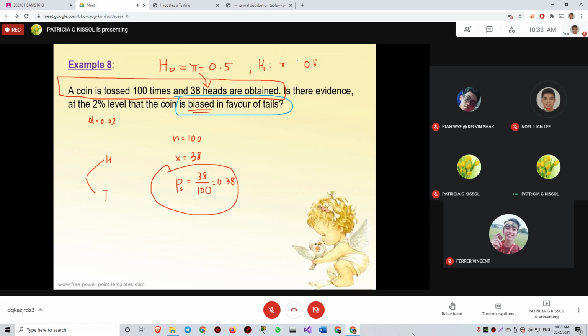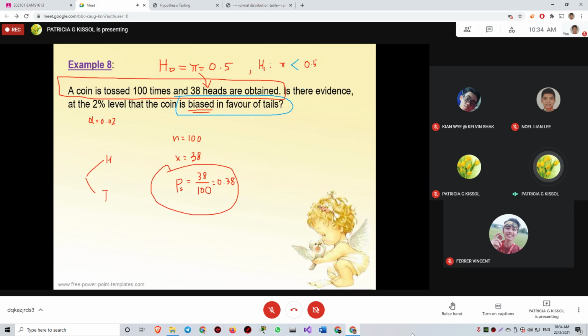Less than or more than? Because this one is for the heads. Yes, correct, Noel. So it will be less than. Exactly, because the pi is focusing on the head. And look at this sentence, it's biased in favor of tails. So the tails value is more than 0.5 because it's in favor of tails.